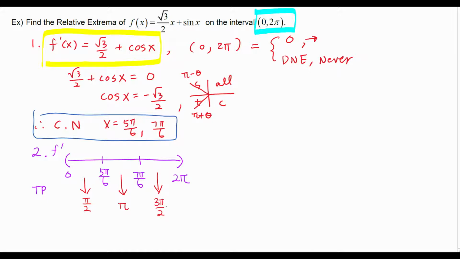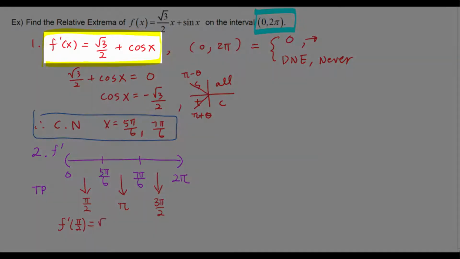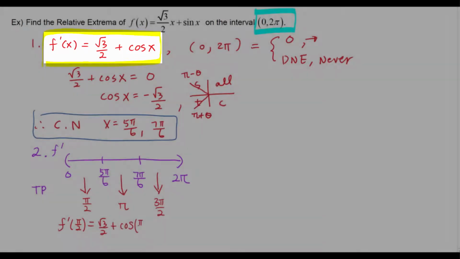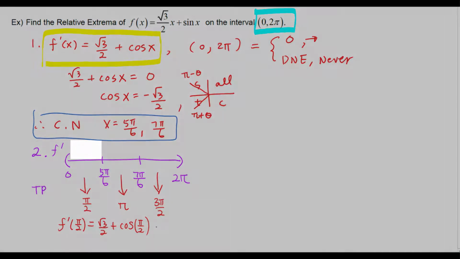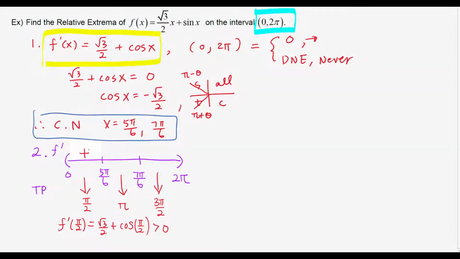So f prime of pi over 2 is radical 3 over 2 plus cosine of pi over 2. And cosine of pi over 2 is 0, so this is positive. Now, when you plug in pi, f prime of pi is radical 3 over 2 plus cosine pi, and cosine of pi is negative 1.